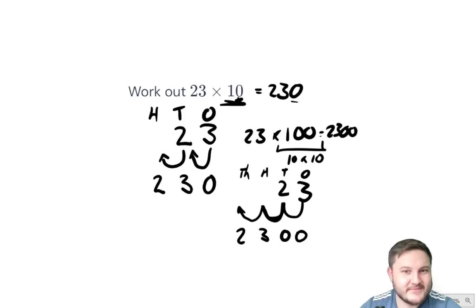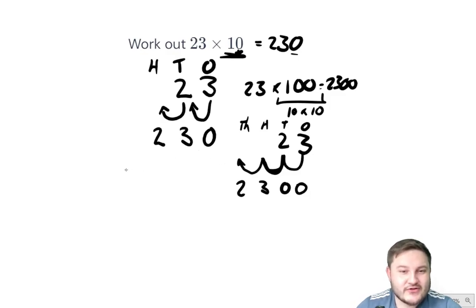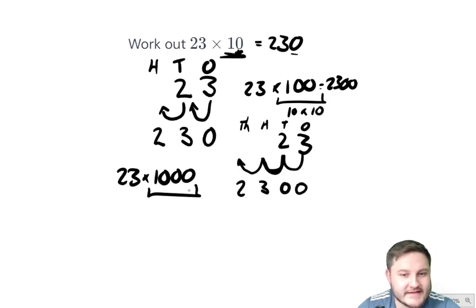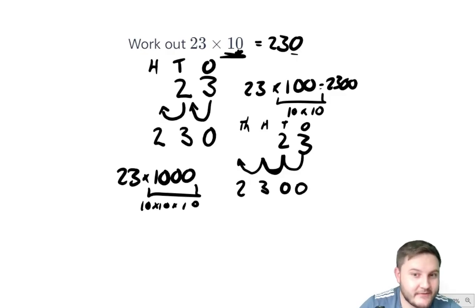2,300. And then it doesn't take a genius to work out that if we wanted to multiply by 1,000, well, 1,000 is the same as 10 times 10 times 10, so we are just going to move the values 3 spaces to the left in terms of the place values.